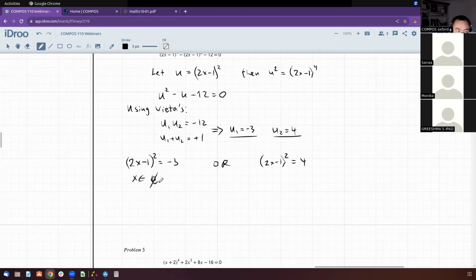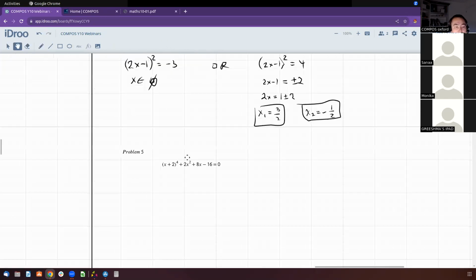And here we have 2x minus 1 is equal to plus or minus 2. So 2x equals 1 plus or minus 2. So x1 is equal to 3 over 2. And x2 is minus 1 over 2. So these are the two answers.